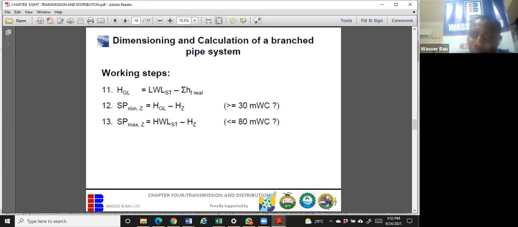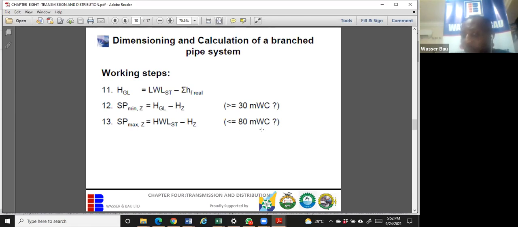Then your SP minimum must be greater than, this one says, 30. This is the German method. Remember, the minimum pressure in the network is 30. But here I always say, even if it's below 20, it can still go. Then the maximum is 80, and the 80 is given by the highest water level in your storage tank minus the elevation of your house or the elevation of the zone.